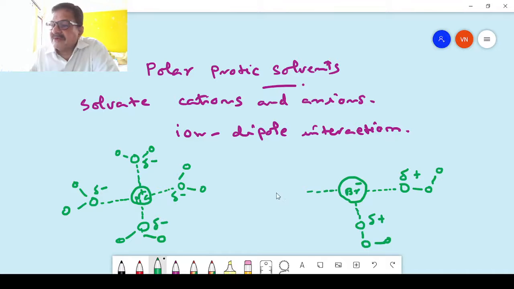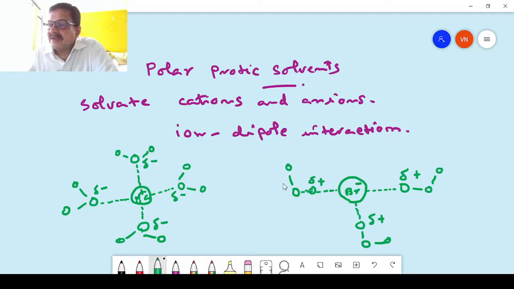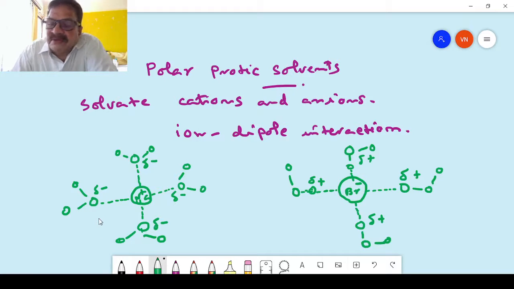In all directions, the hydrogen bonding we can show like this. The Br- is solvated by hydrogen bonding with water.